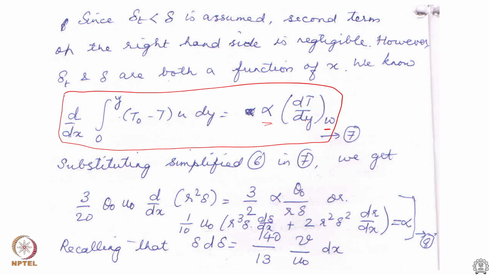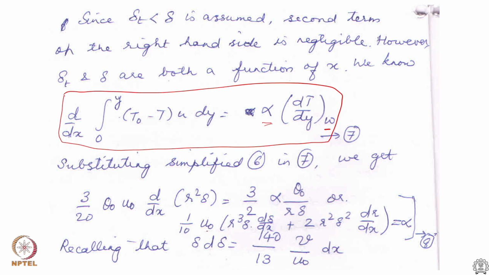So, we substitute all the relationships that we have obtained, use theta instead of t naught minus t wall and t minus t wall, and substitute the values associated, do the differentiation, and after substituting, you will end up getting the same 3 by 20 theta naught u naught into d by dx of r square delta equal to the right hand side 3 by 2 alpha theta naught by r delta.